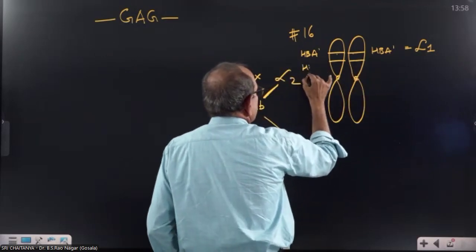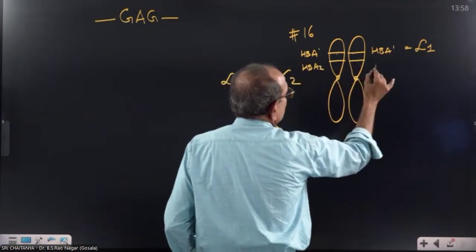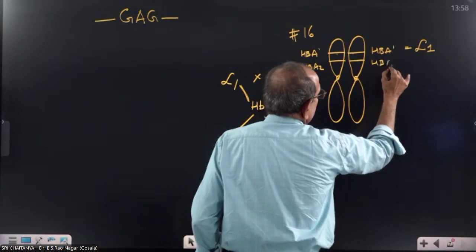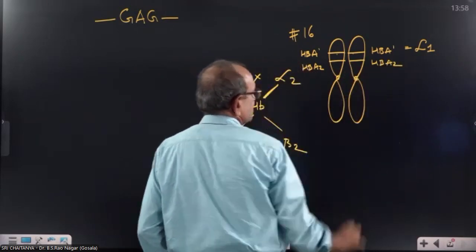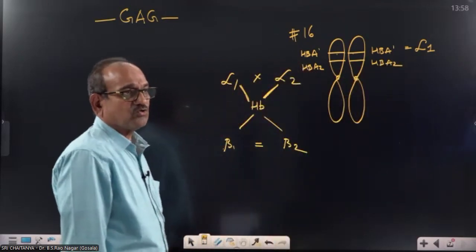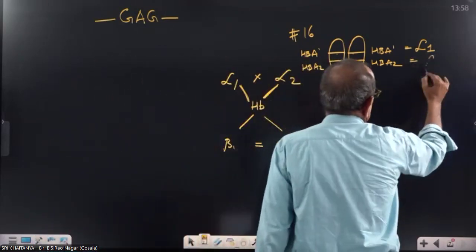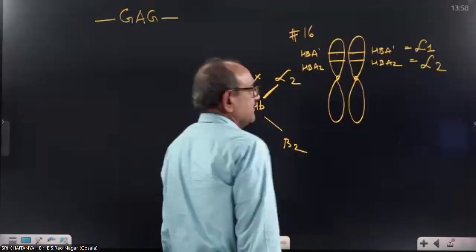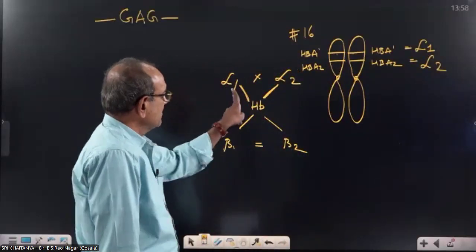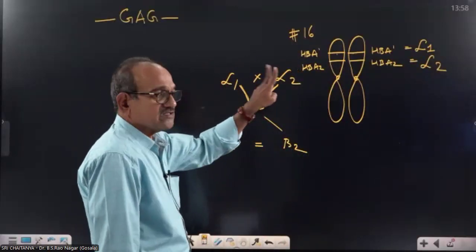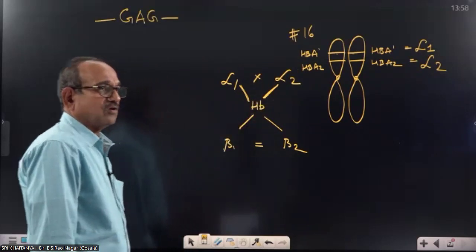These are HBA2, HBA2, 2 alleles. These 2 alleles code for the alpha 2 chain. So for the synthesis of alpha 1 and alpha 2, 2 genes and 4 alleles are involved.